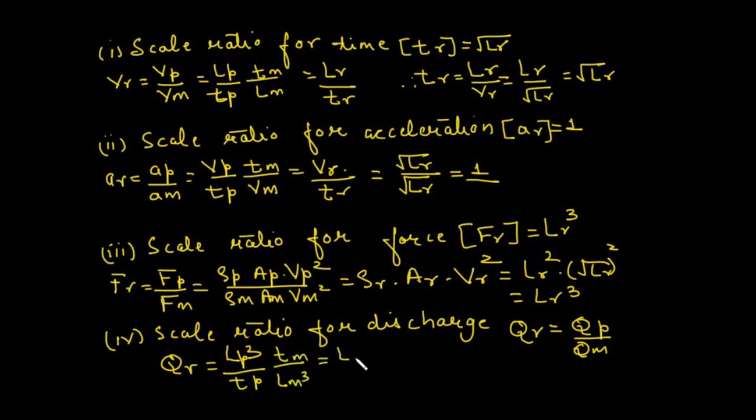So that is equal to Lr cube upon Tr. But Tr we have already derived, it is root of Lr, so this will be Lr cube upon root of Lr, so that will be equal to Lr to the power 2.5. So the scale ratio for discharge will be Lr to the power 2.5. Now these are the various scale ratios for time, acceleration, force, discharge, etc., which we will have to use when we are applying the Froude's model law.